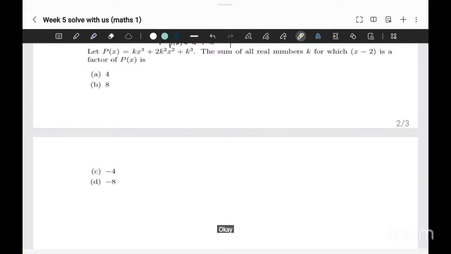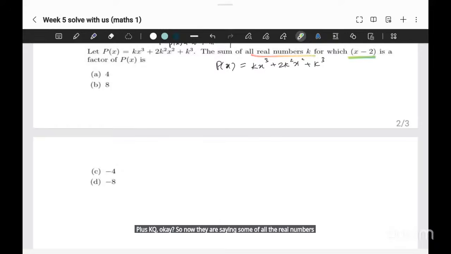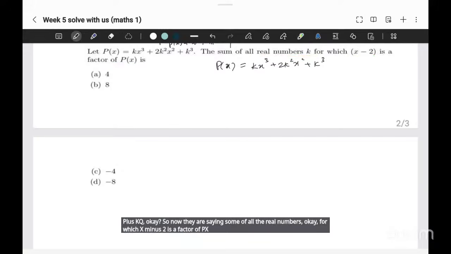Okay. So the question is, we have px equals to kx cube plus 2kx square plus k cube. Now they are saying the sum of all the real numbers k for which x minus 2 is a factor of px. If x minus 2 is a factor of px, that means x minus 2 equals 0, x equals 2, right? So in place of x, we will just put 2.